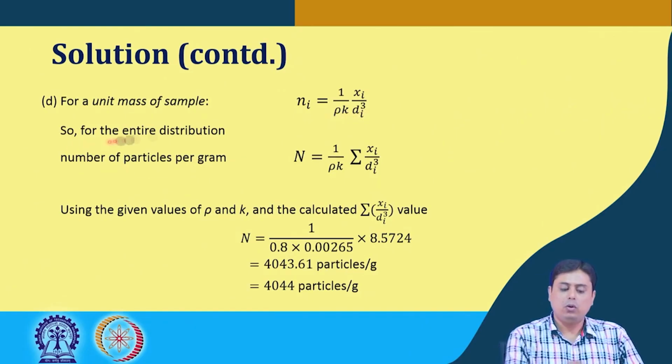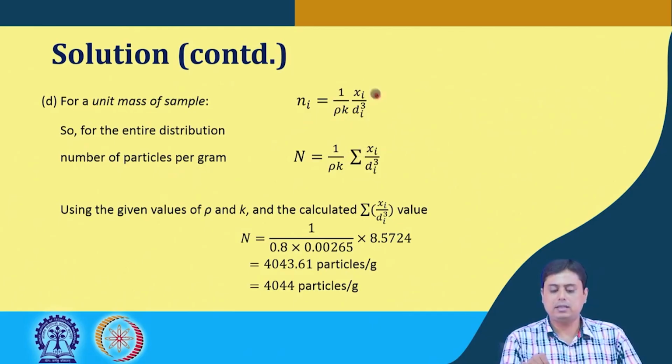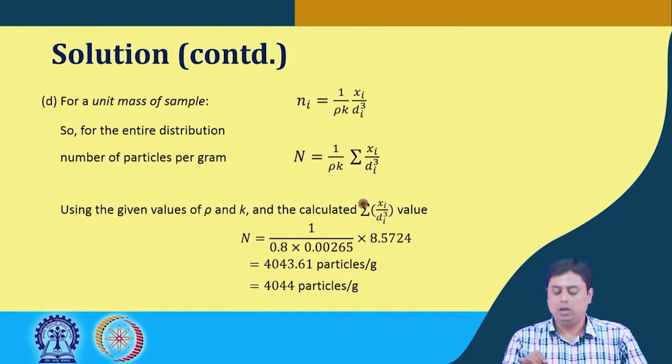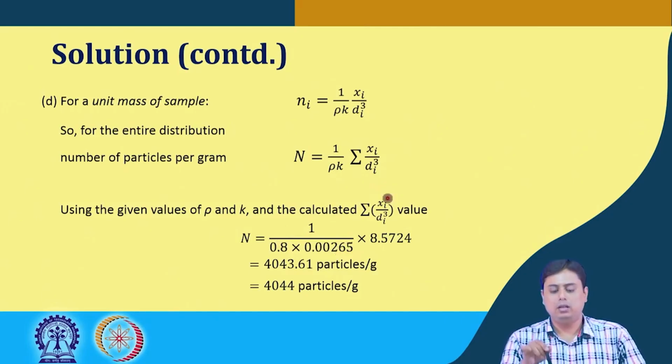Now, the total number in the sample is the summation of this parameter, which is written here. We already know rho as well as the value of k. For rho, remember to make the units similar.